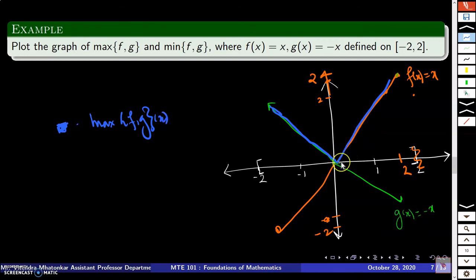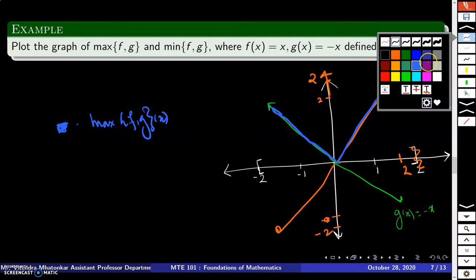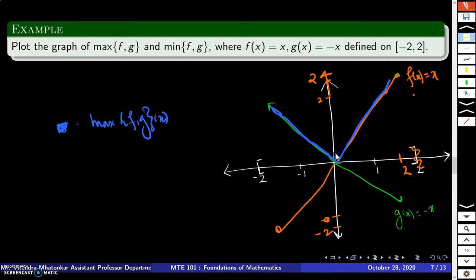Okay, and similarly, you can also talk about the minimum. So at each point, you will be looking at the minimum. So that time you will get the points here below, right? So the minimum will be this half here. I can put that in some color, let's say yellow.